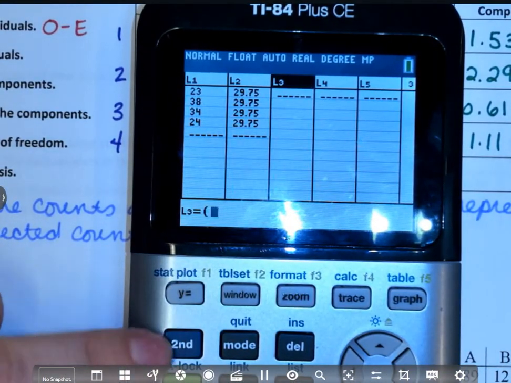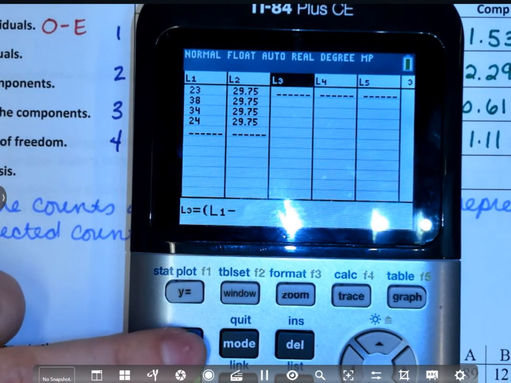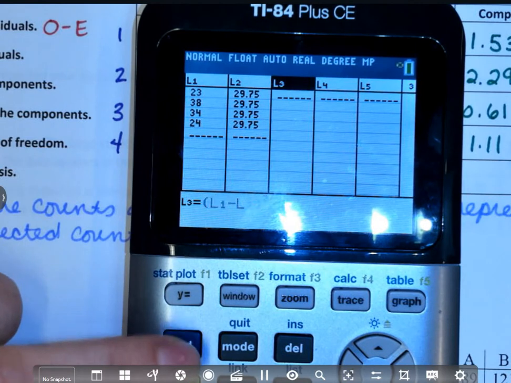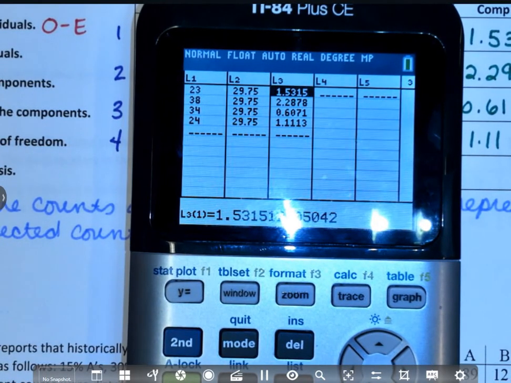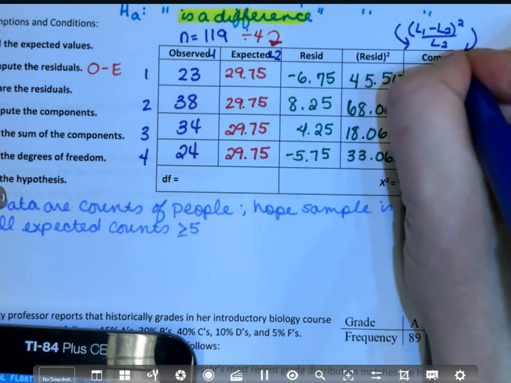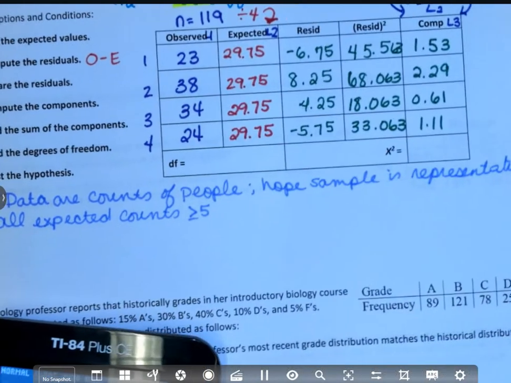I say parenthesis, list 1 minus list 2 squared divided by list 2. And it gives me all those values. You guys okay with that? So those are your components. And that is now in my list 3.